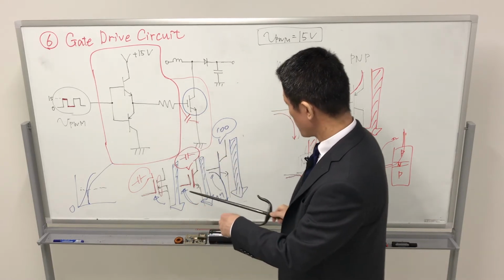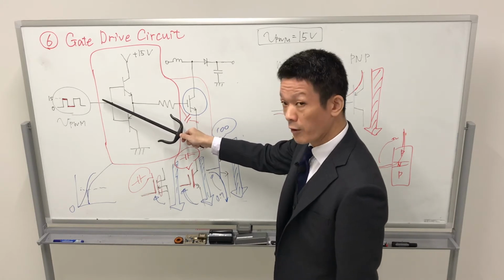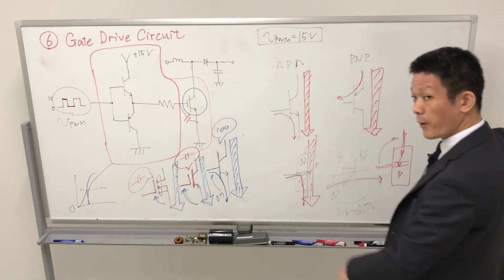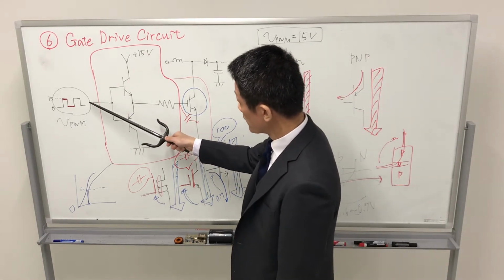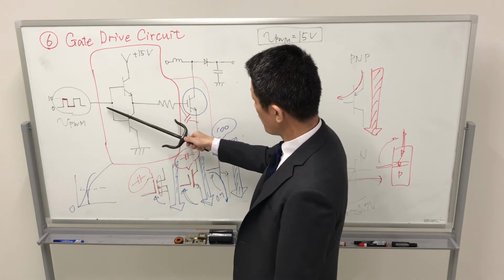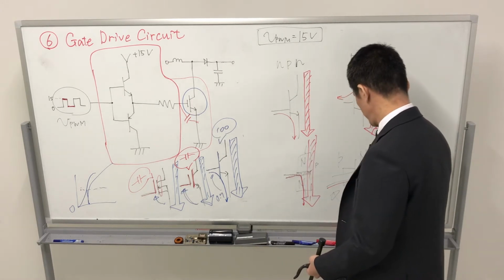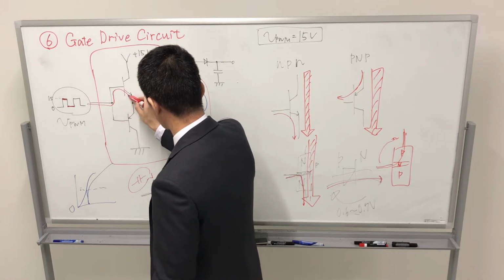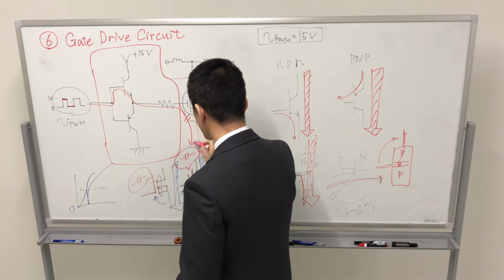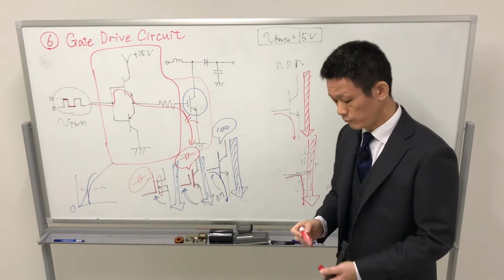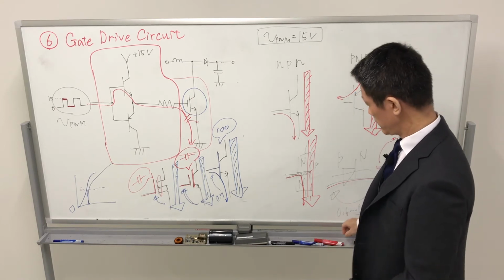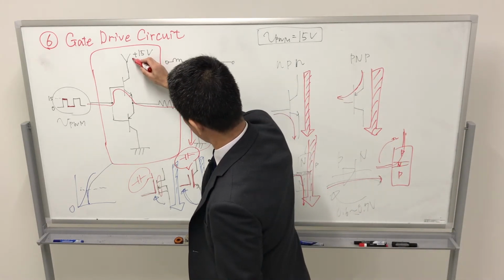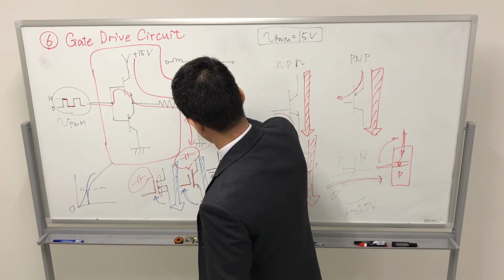At this PN junction, the upper side is 15 volt, higher than the threshold voltage of the PN junction, over 0.7. So a little current flows through right here to ground. Then switch current flows through here.